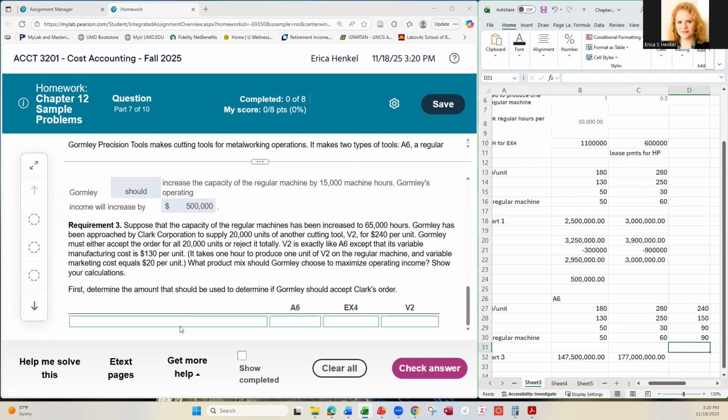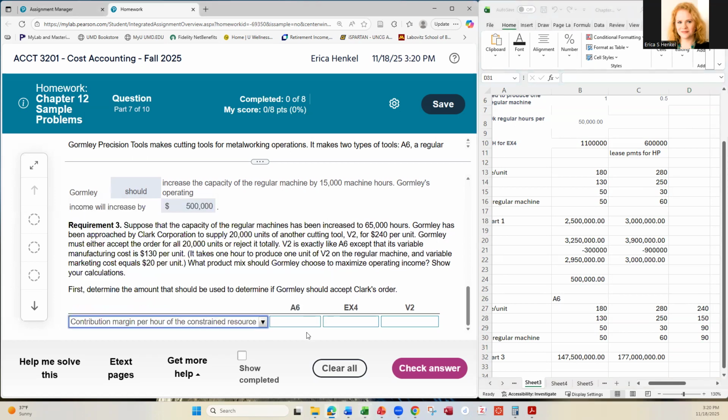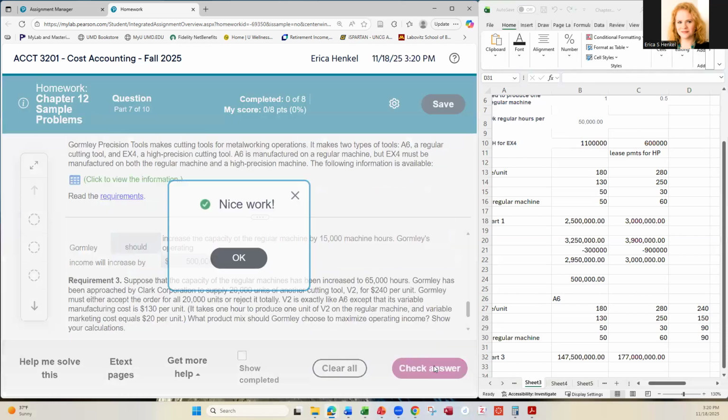So let's go down here and look at this. Okay, so we're going to calculate our contribution margin per unit of the constrained resource. Here is 50, here it is 60, and here it is 90. So 20,000 units, and we would be under the 65,000 here.